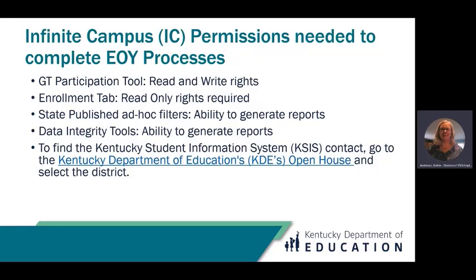Then you'll also need rights to the data integrity tools. The data integrity tools allow you to compare state and local data sets to ensure you're not missing any GT records. And again, to find the Kentucky Student Information System contact, you can go to the Kentucky Department of Education, KDE's open house, and select your district, and the CASIS person will be listed on your district webpage there.